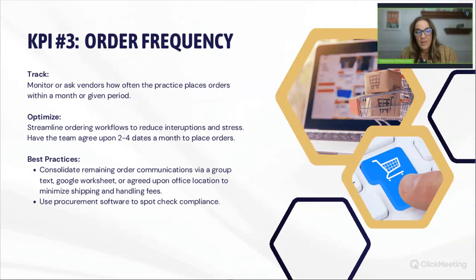A third KPI is order frequency. Monitor and ask your vendors how often the practice places orders. You can get this off software very quickly. You can get this from your accounting. You can see how many purchase orders or orders you're placing or how many you've paid in a time frame. But really, we're trying to optimize and streamline your workflow.